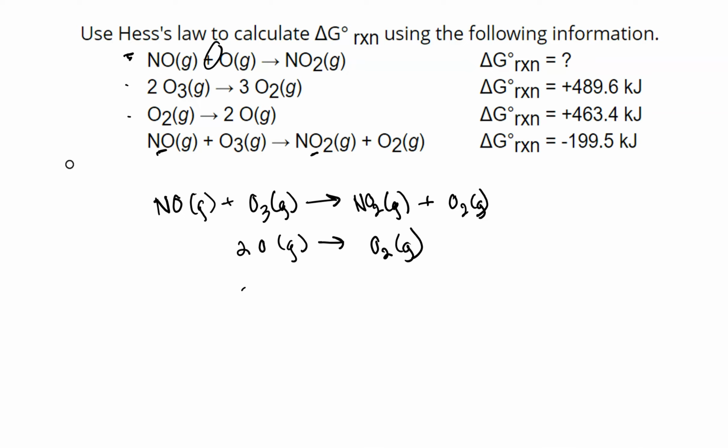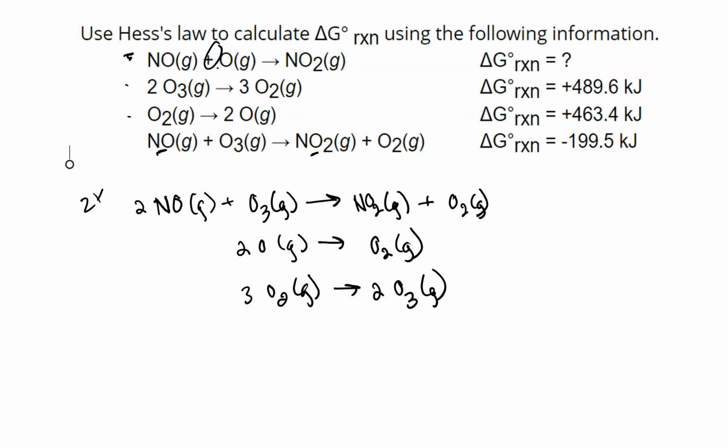So let's see here. 3 O2s goes to 2 O3s. And you say, man, but we have too many of these. Well, if we end up with a single oxygen, we're going to make everything worth 2 times here. So let's just multiply this whole first equation by 2.